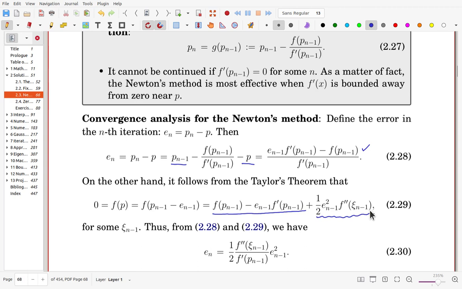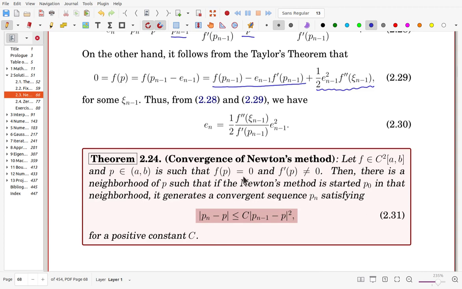Right? Okay, so En becomes one half, En minus 1 squared, f double prime at psi n minus 1, and this bottom here. So we reach that equation.